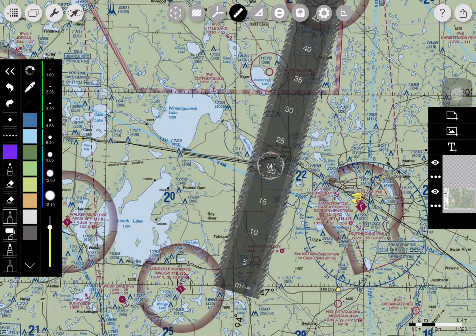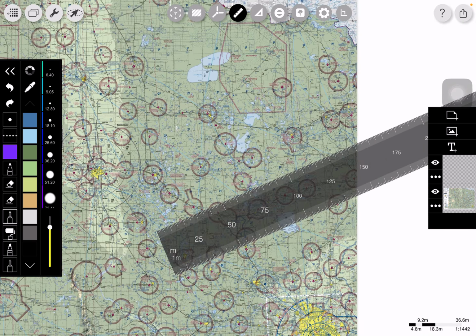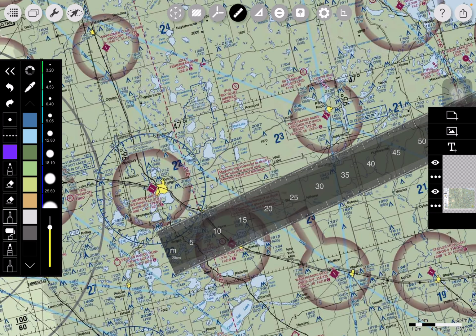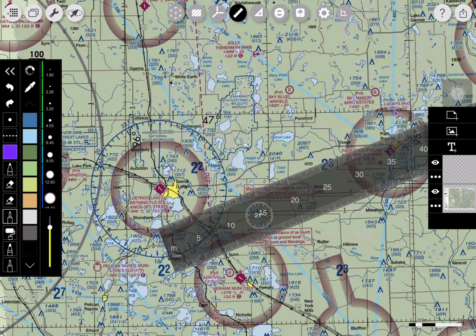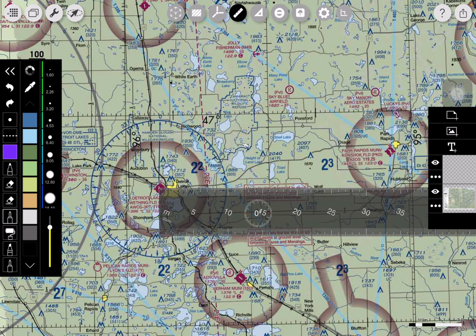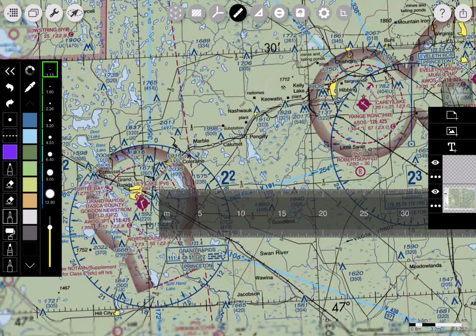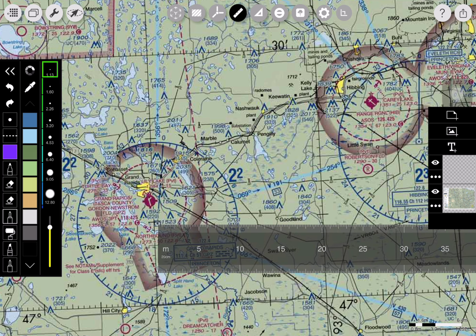Other references you can use on a sectional chart are the radius of VOR rings, 10 nautical miles. Every VOR ring that you find charted in a sectional chart will have a radius of 10 nautical miles.